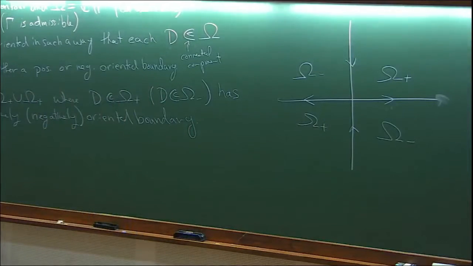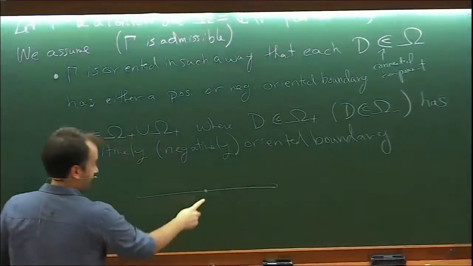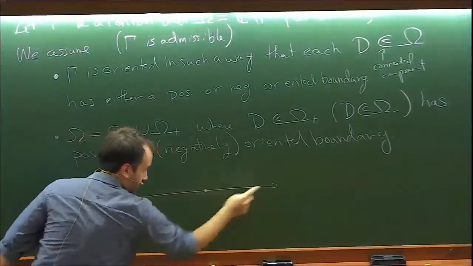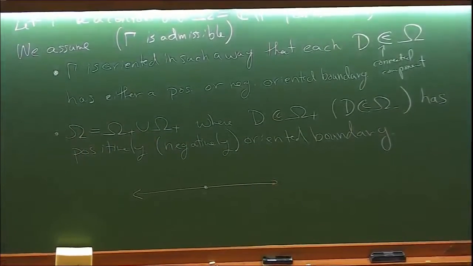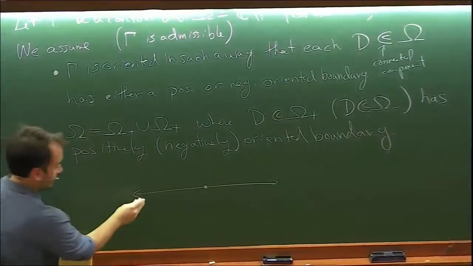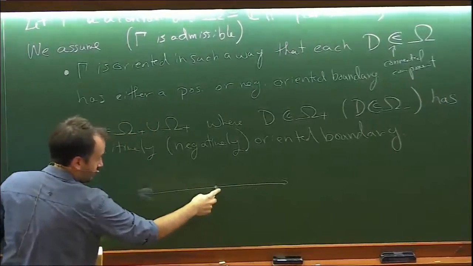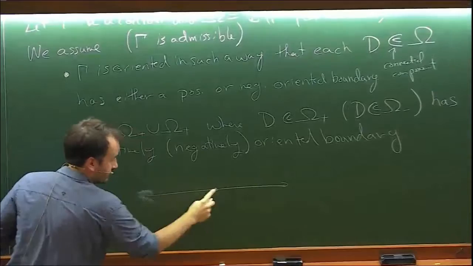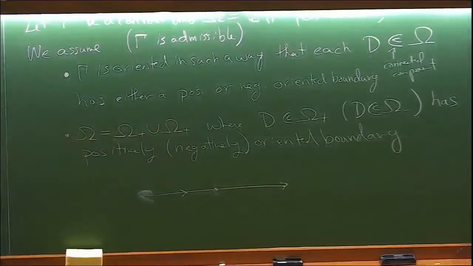Right, so I just look at each component and I have a given orientation on the boundary. If I had the real line, I cannot have this part oriented that way and this part oriented that way. That does not work. So I could divide the real line into this contour, or I should say this arc, and orient this one this way, and that one that way. Okay.